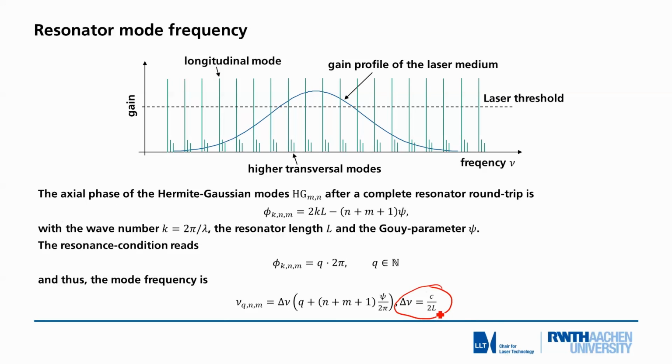If we decrease L, we increase delta nu, the mode separation. So short resonators will lead to a larger separation of these modes, maybe all the way until we have only one mode left under the gain curve. So only this mode will start to form and we will have no further oscillation at different wavelengths.